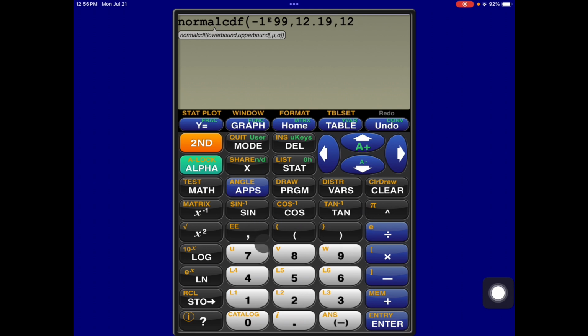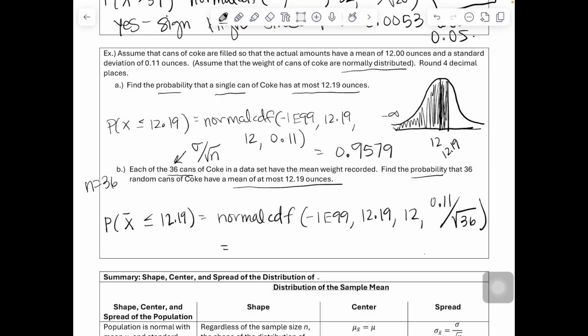The mean is 12, comma, and then for our standard deviation, we're going to type 0.11, which is our standard deviation, divided by, and then we need the square root, which is second x squared, and our n, the sample size, is 36. And then I'm going to use the right arrow again so I get out of that square root, close my parentheses, and select enter. From the graphing calculator, we get an answer of 1.